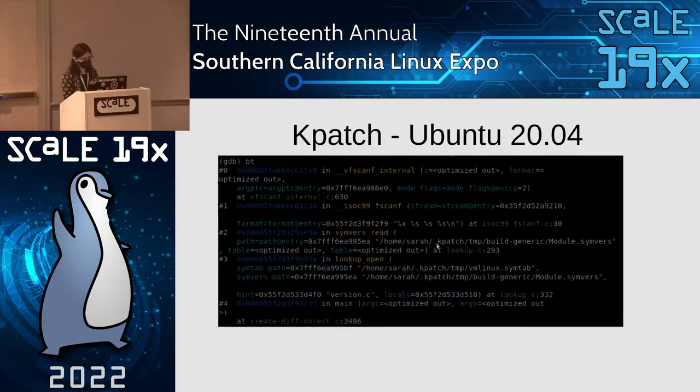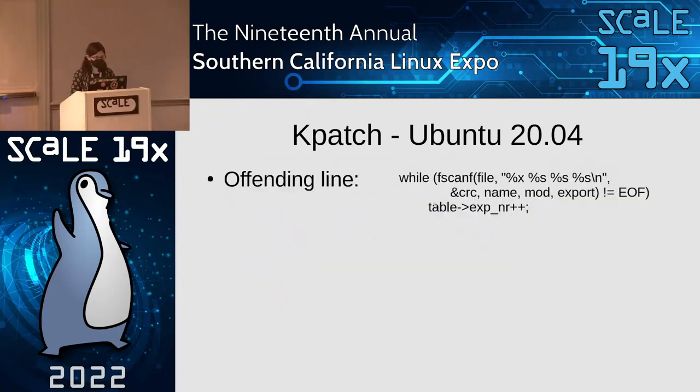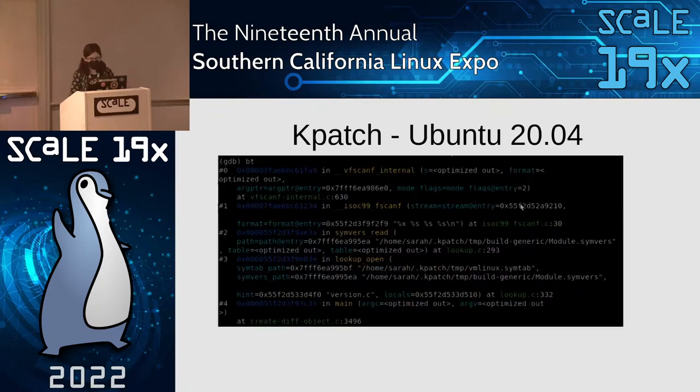It turned out that it was performing an fscanf of Module.symvers from symvers.read. I looked at the offending line, and it was doing a while fscanf is not end of file. If fscanf does not convert anything successfully, it doesn't increment the file pointer, so it just stays there in a tight loop and doesn't do anything. That's the bug I encountered.